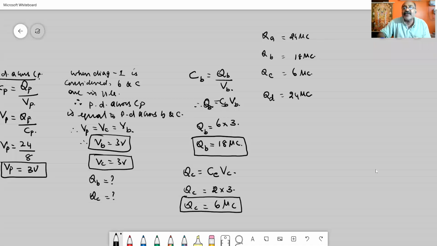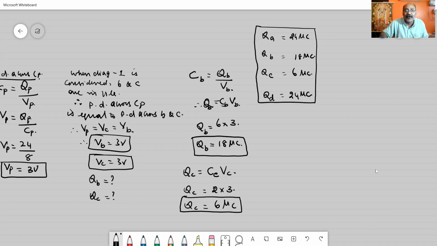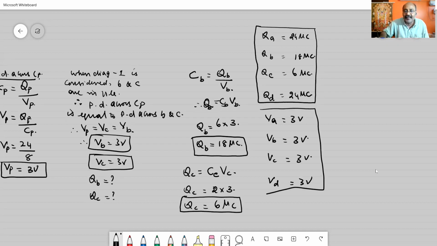QA is 24 microcoulomb, QB is 18 microcoulomb, QC is 6 microcoulomb, and QD is 24 microcoulomb. VA, VB, VC and VD are all equal to 3 volt.